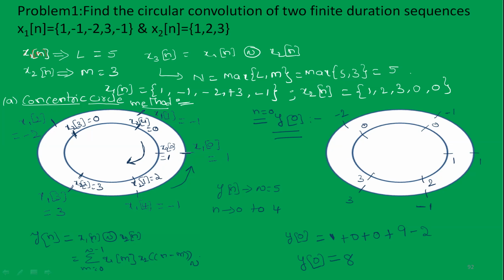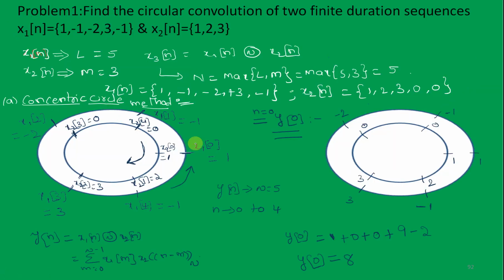Now coming to y of 1, that means n is equal to 1. We have to determine y of 1. Place the outer circle values as they are: 1, minus 1, minus 2, 3, minus 1.